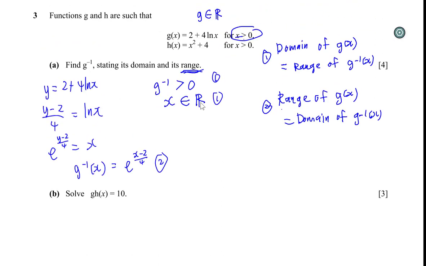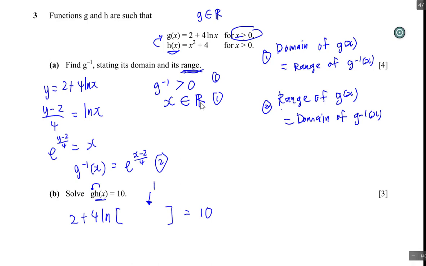And next it just asks you to solve gh(x) equals 10. So I need to substitute h(x) into g(x). That means I write the equation of g(x), 2 plus 4 ln x equals 10, and after you substitute, the x in g(x) will become h(x).